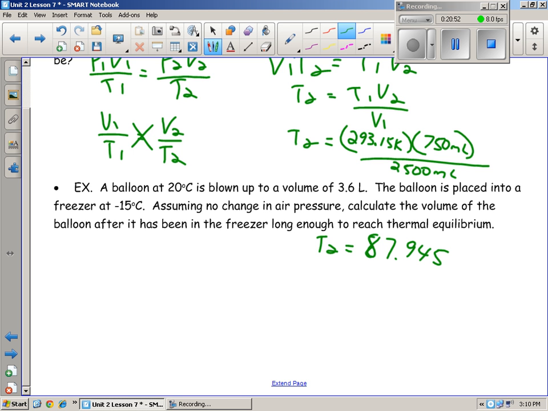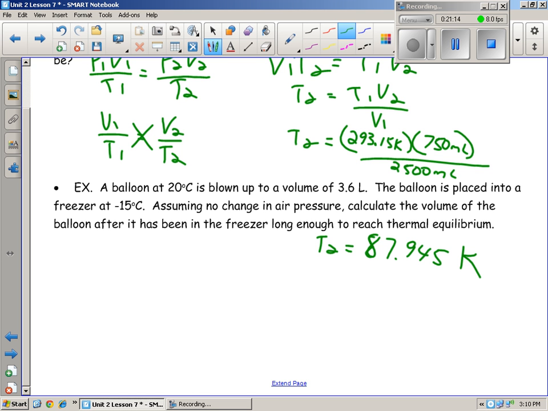Now, listen, one of the things you have to keep in mind is what did I just solve here? I solved temperature. Look at the units you used here: milliliters and milliliters cancel. Anytime you solve with the formula here, the temperature is in Kelvin, because it's part of the formula.